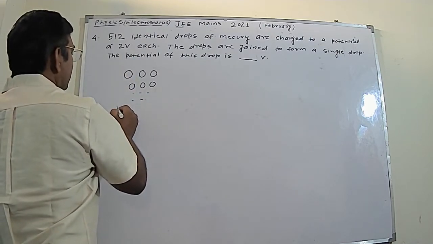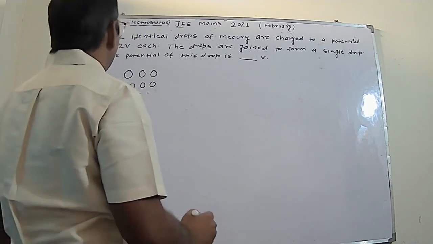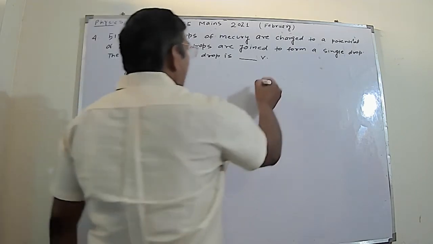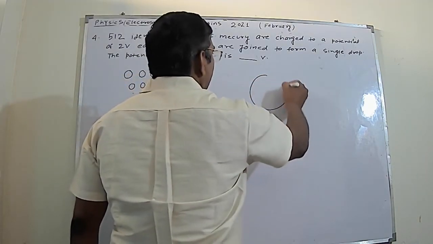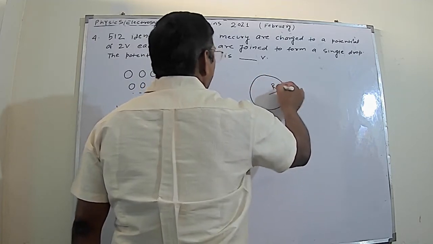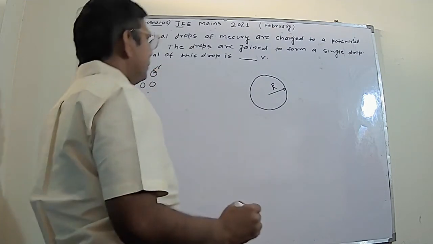So V is equal to 2. And they are joined here, and now it's a bigger drop. Suppose its radius is R, and this radius is small r.